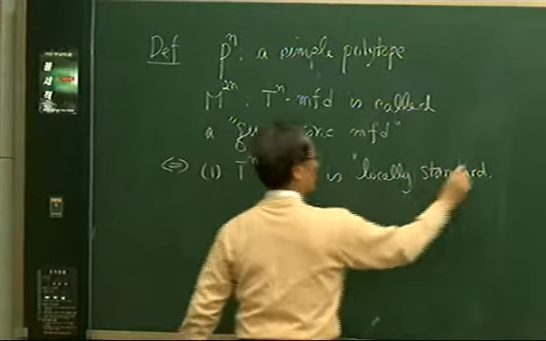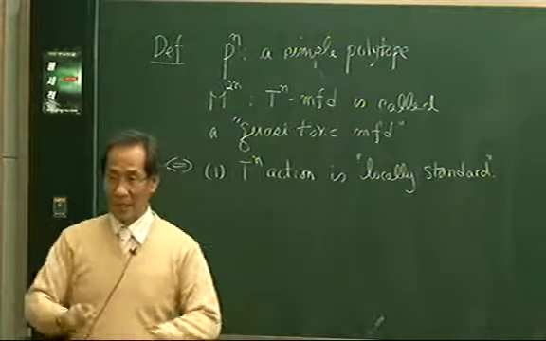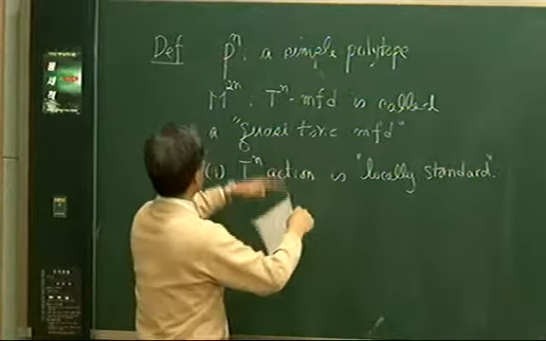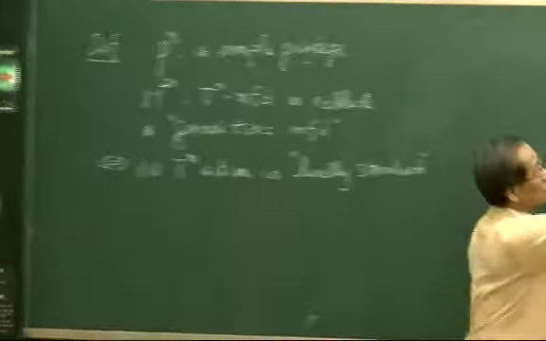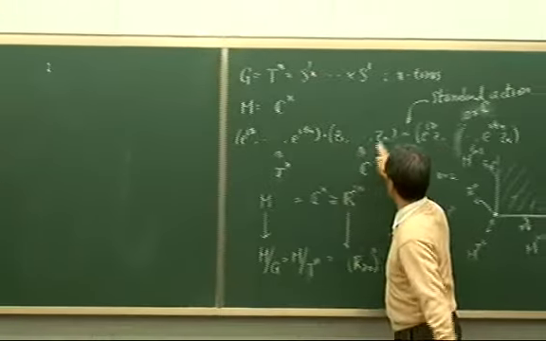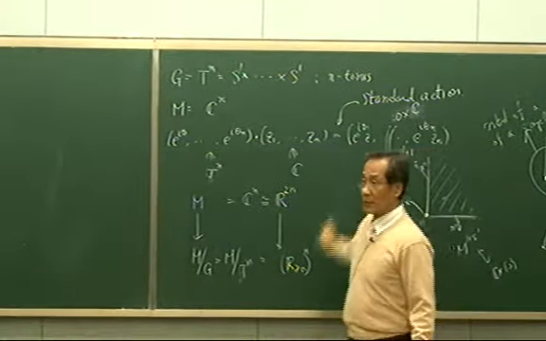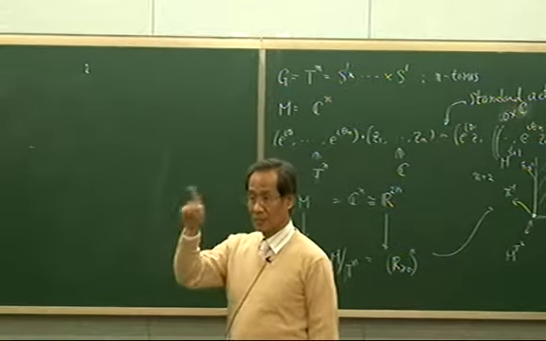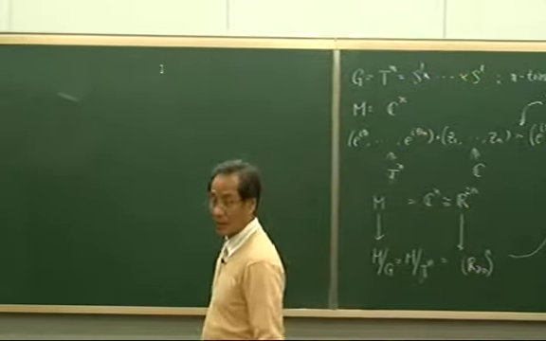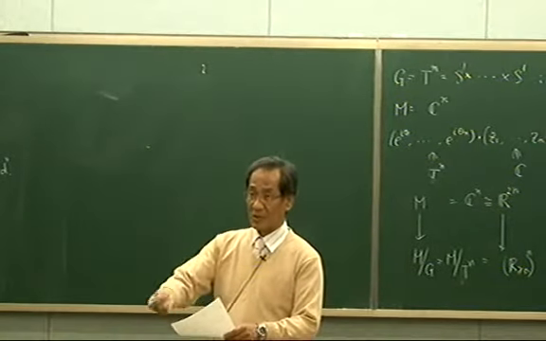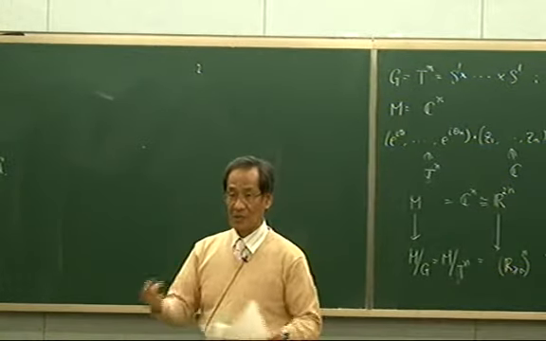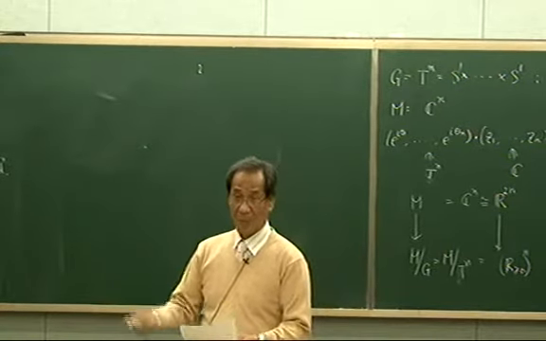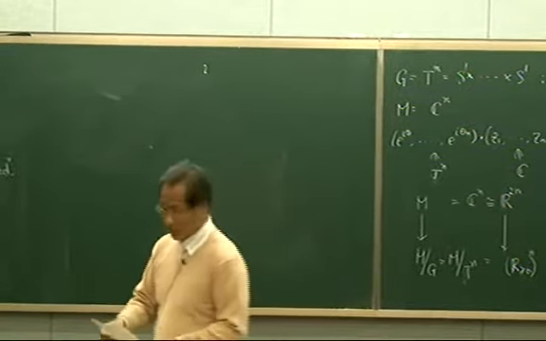So I'm not going to give the precise definition of this, but locally, each chart looks like an open set of the complex plane, an open neighborhood in complex space. That's called locally standard. So the Tn action is a very restrictive action, not a very easy one, but not a very complicated one, very simple, but very restrictive.